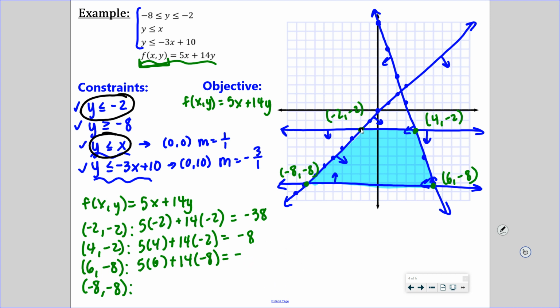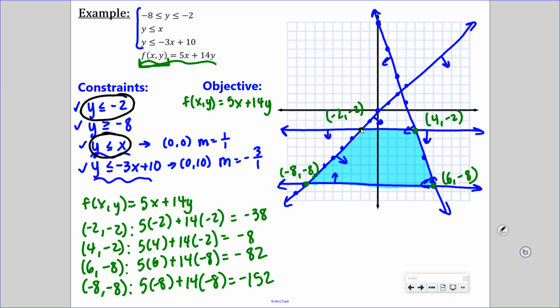Sorry, I listed them differently. Plug in -8 for both x and y, and that one I got -152. I just listed them in a different order.